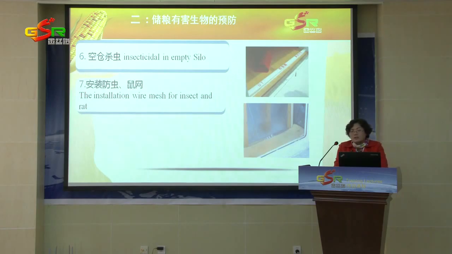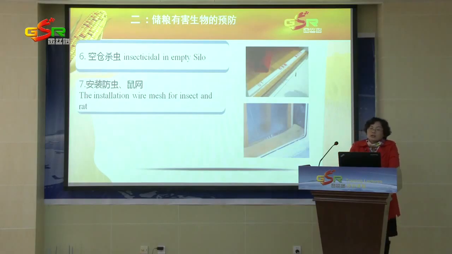When we talk about the insects, we must know the insecticide. Before we put the green in this house, we must use the insecticide before the lot of green is put into the impeded solar.